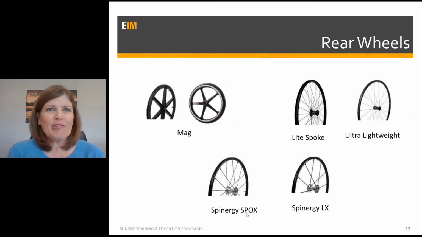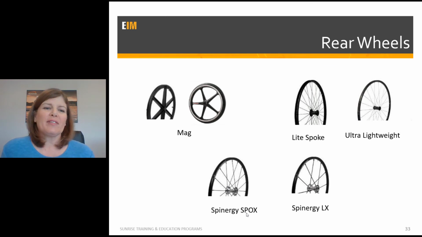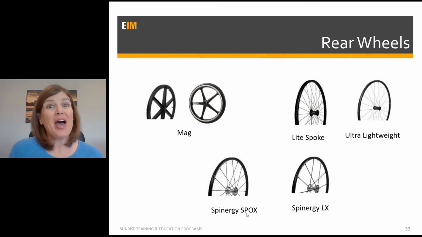Now, when I'm configuring a custom folding or a custom rigid wheelchair, I also have choices in terms of my rear wheels. So there's mag choices, and even within mags, there's selections. I can have a 5-spoke or a 6-spoke, and my choice will have a difference in weight of upwards of a pound, because the 6-spoke will be higher weight than the 5-spoke.